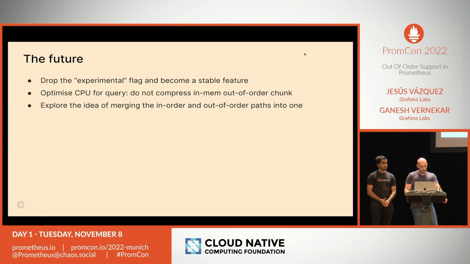And then the last item on the list was actually Bartek's idea. This came out in one of the storage dev calls, I think. Basically, we said, all right, the out-of-order change is adding quite a lot of code to the TSDB. So you could say that the complexity is rising. What if we merge both paths?